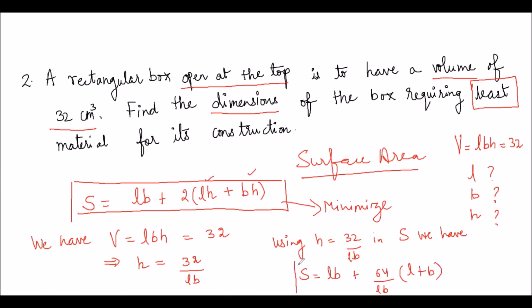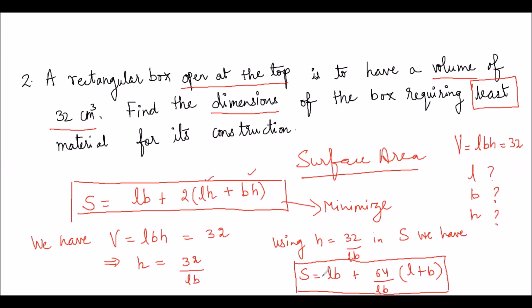Now we have S as a function of two variables. Now with the working rule which we have discussed right now, we will be finding the points of local minima. And with that value of L and B, we can find out H because H is related to LB by this relation that H is equal to 32 upon LB.